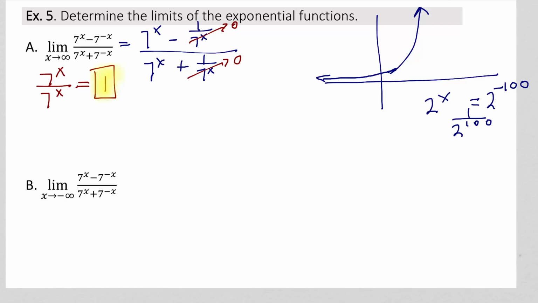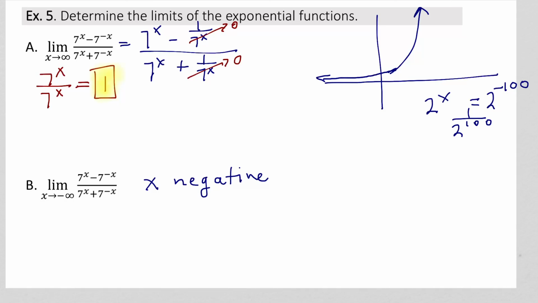On this next one, we're approaching negative infinity. So when x is approaching negative infinity, we know that x is going to be negative. So that's going to change which terms become insignificant. If x is a negative number, then 7 to the x is going to become your negative exponent right here. So let's think about that.